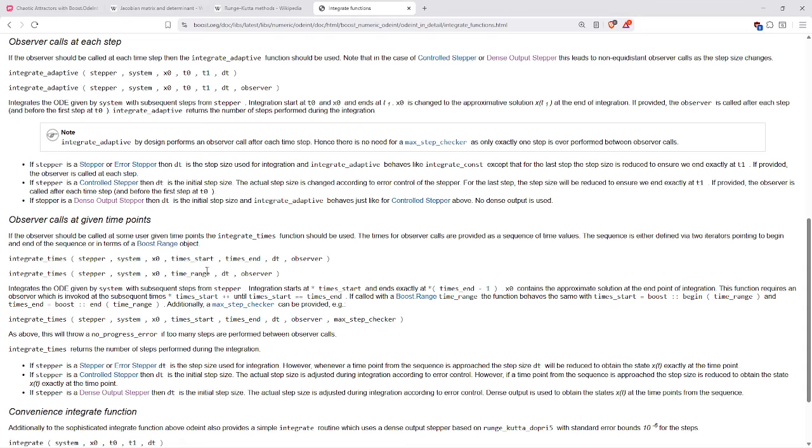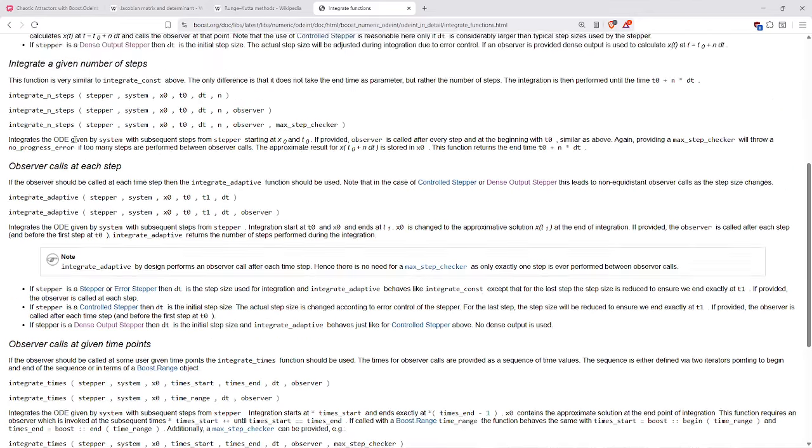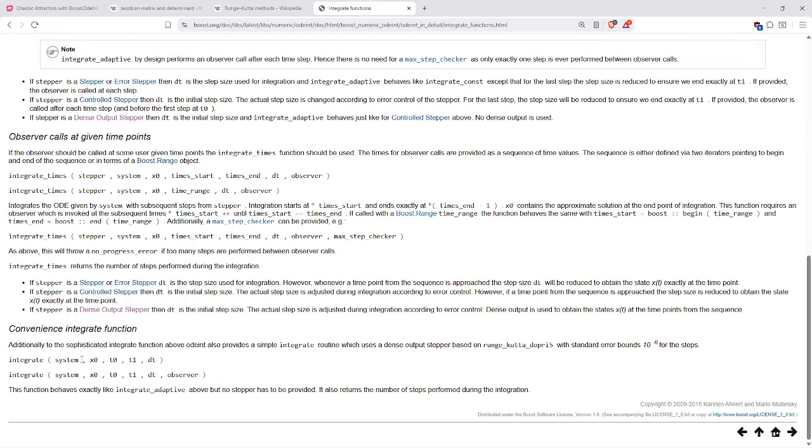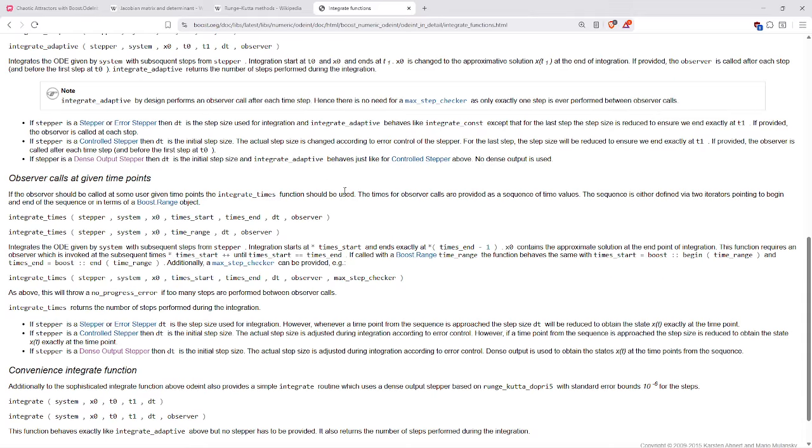These different functions, you see there's variations with steppers. Some of them take a stepper argument, and some of them do not. The convenience functions basically are the ones that don't. And so really the algorithm is the same. The way you're controlling the behavior is by supplying the appropriate stepper. And then the observer is what you use to get the state of the system and the in-between points.